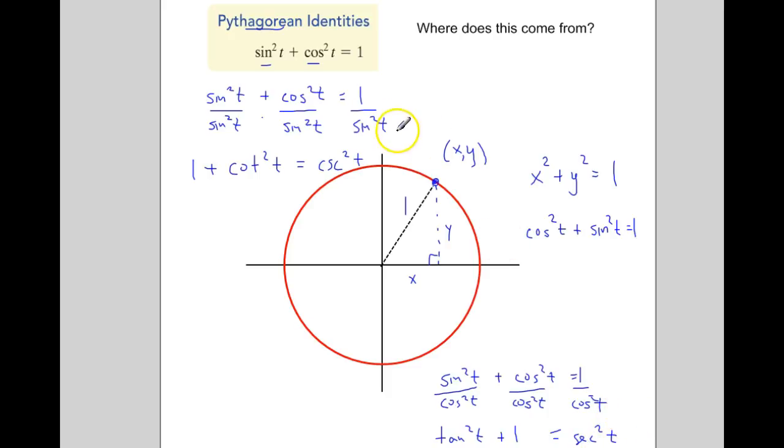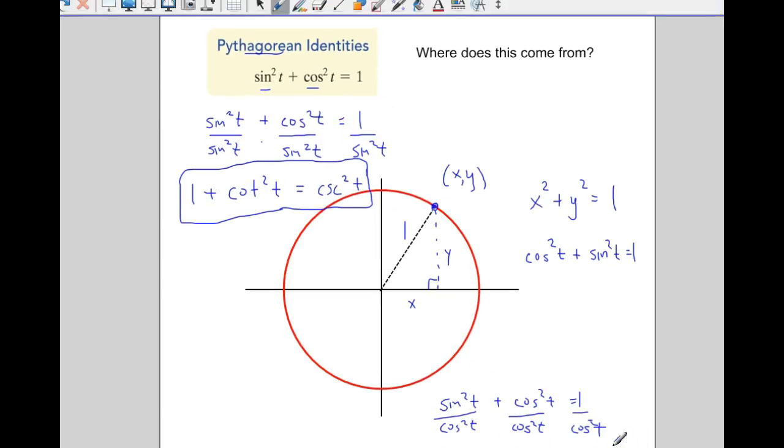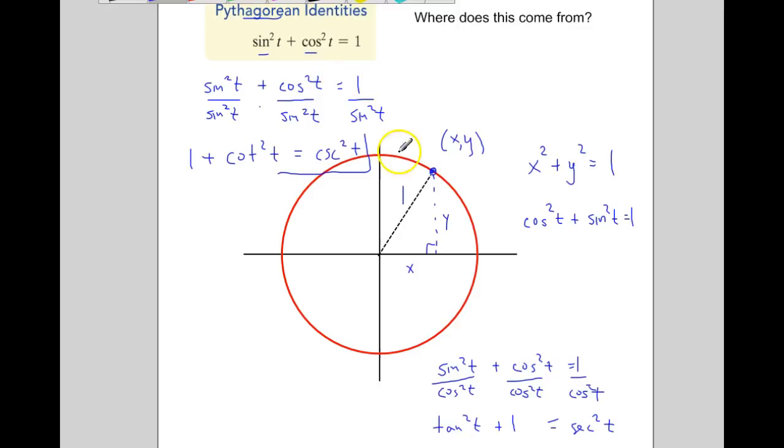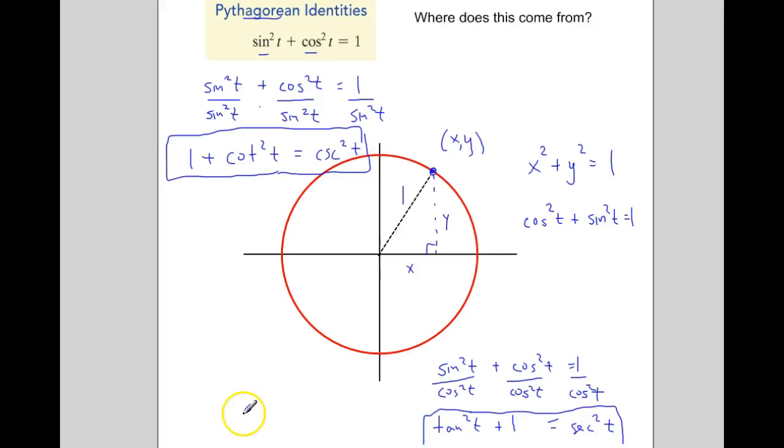So these three make up what's known as the Pythagorean identities. They all come from the Pythagorean theorem, and the other two can be derived from that first one, the main one, sine squared plus cosine squared equals 1. So that's why these are called the Pythagorean identities. They come from the Pythagorean theorem.